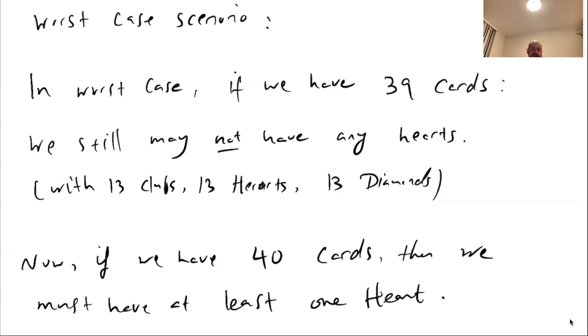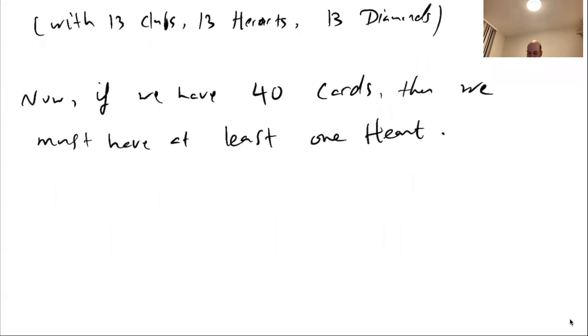So if I want to avoid hearts, I can avoid them until 39 cards, but at the 40th card, all other cards are gone. So the 40th card must be a heart. So even in the worst case scenario, if I have 40 cards, I will have at least one heart.